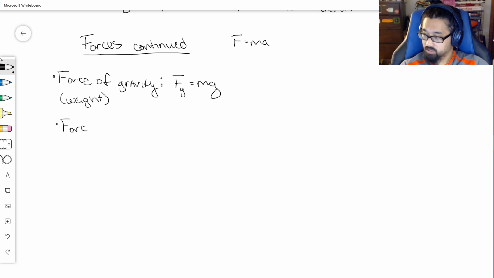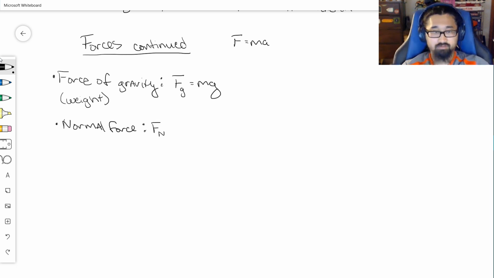The next force I want to mention is called the normal force. It's labeled with an F with a subscript N, N for normal.